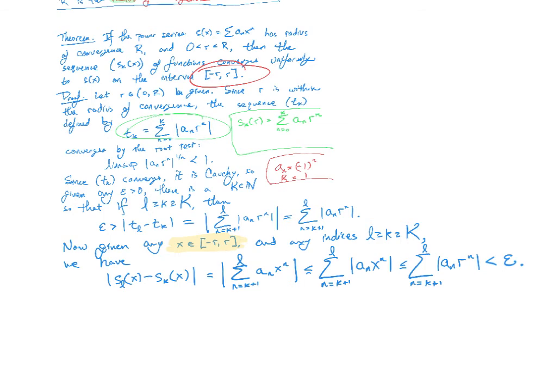Just remember back to what uniform convergence is. For any epsilon, oh, I'm sorry. This doesn't quite look like how we established uniform convergence, does it? This is the Cauchy version of uniform convergence.